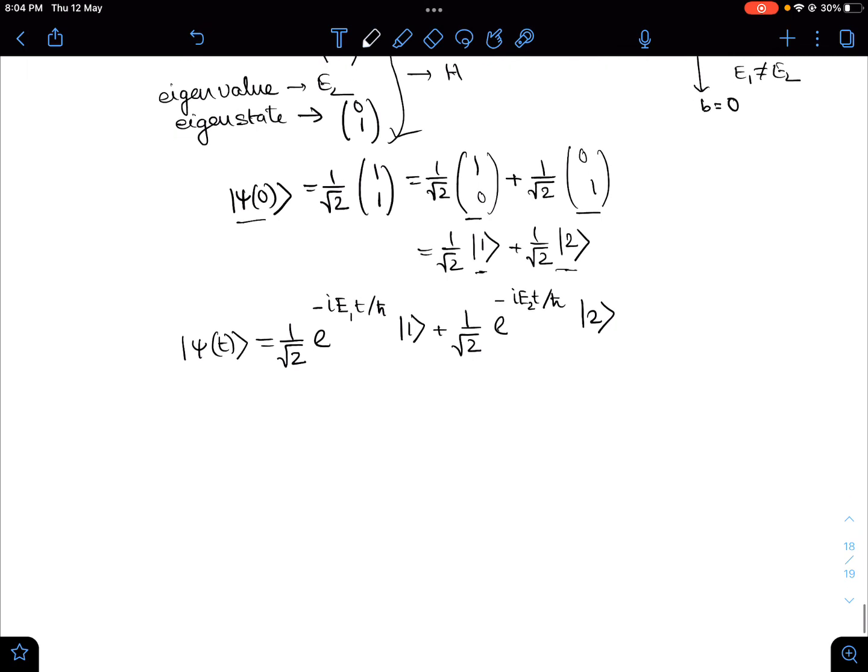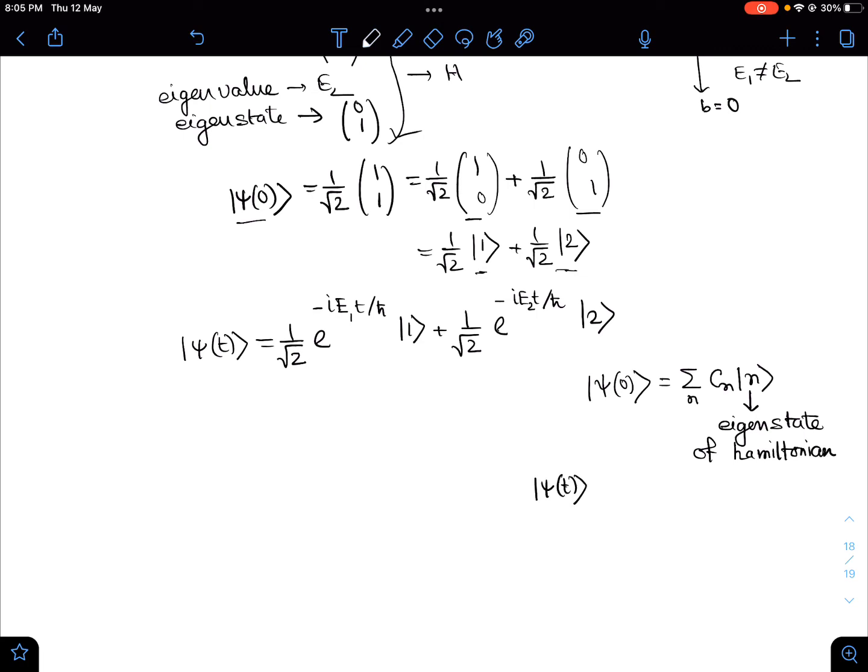Suppose we have the state at time t equal to 0 as the sum over n of Cn |n>, where |n> is an eigenstate of the Hamiltonian. Then we can write psi(t) as the sum of Cn e to the power minus i En t by h cut |n>. We can write this only when |n> is an eigenstate of the Hamiltonian.